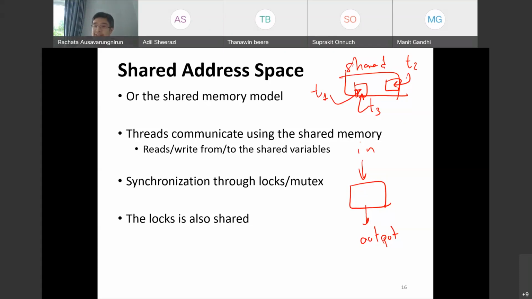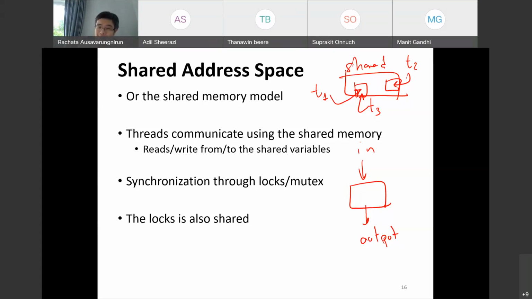Well, with a lot of sharing, you end up with a lot of locks, right? Because every time you modify the variable, you have to lock it, which means what? If you have to lock a lot, what does it mean? It's going to be slow, right?